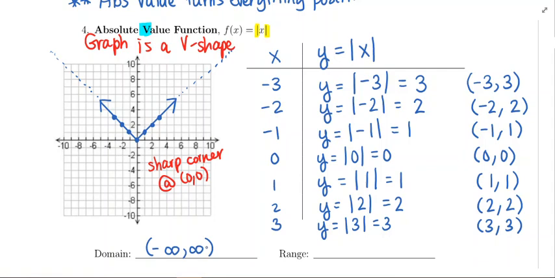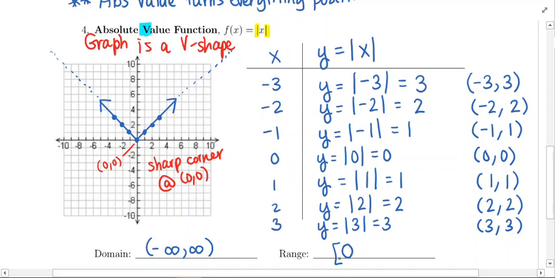Range: let's look at the y values. We need to go from the lowest point on the graph to the highest point on the graph and write down the y value. The lowest point here is the origin, so the origin has a y value of 0. This is a closed circle, so we do want to include y equals 0 in the range.